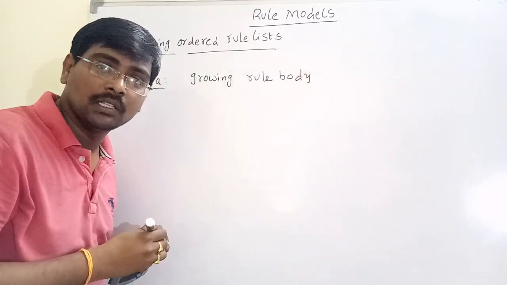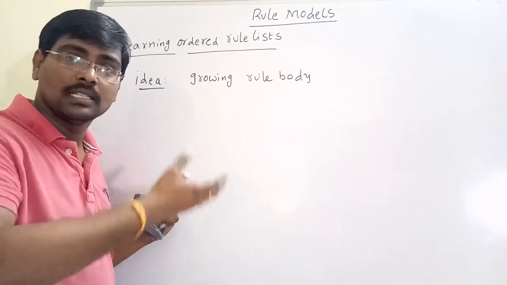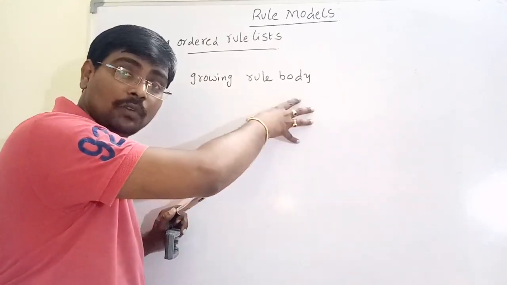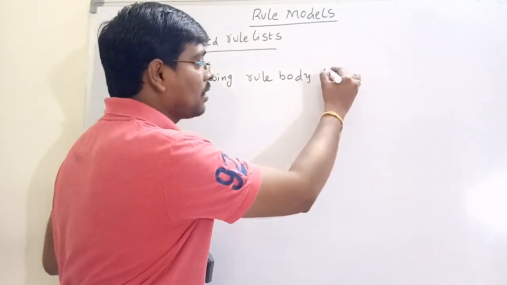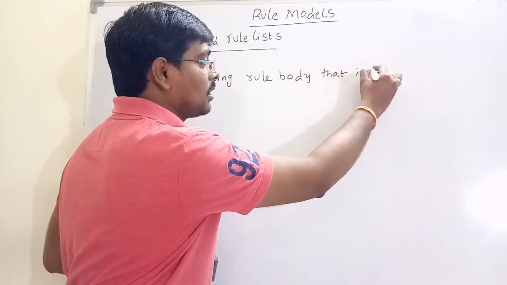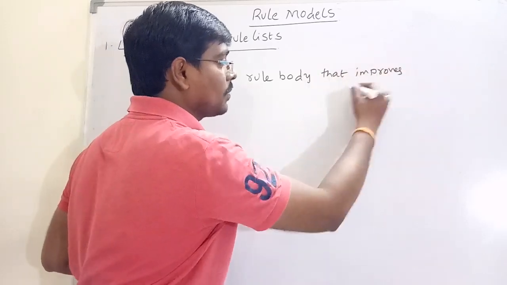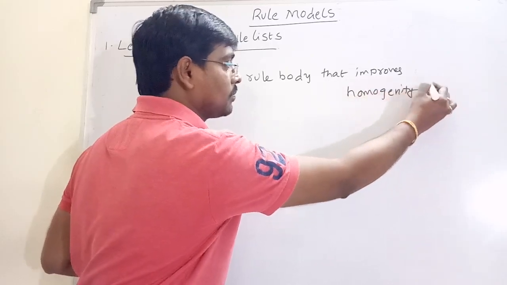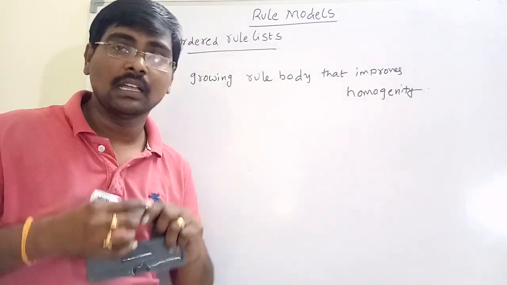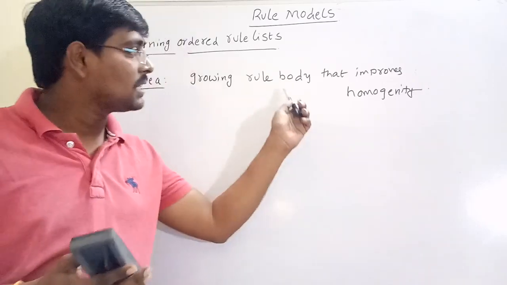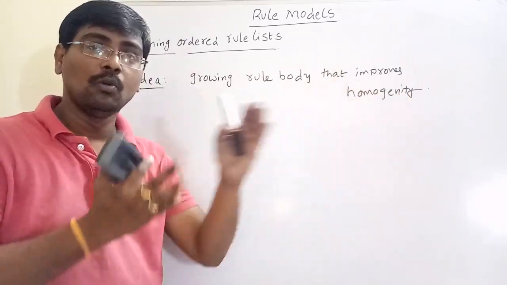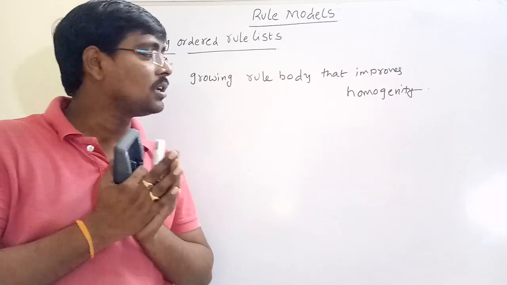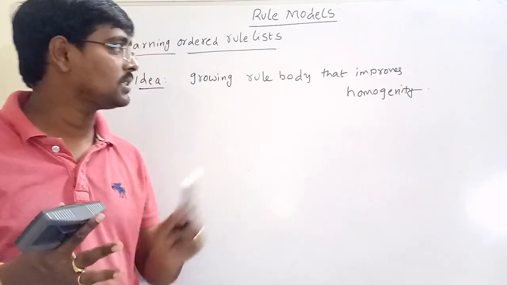Increasing the rule body means increasing the number of rules, up to the point where it improves homogeneity. We are increasing the size of the rule body such that it improves the homogeneity of the class.